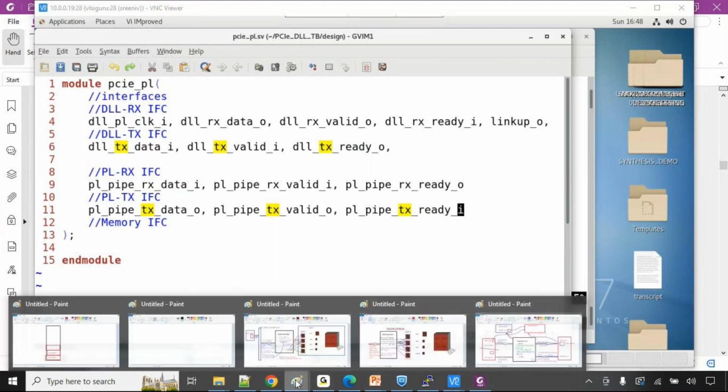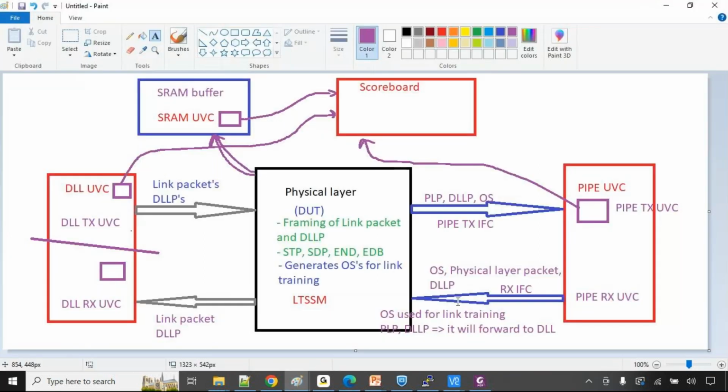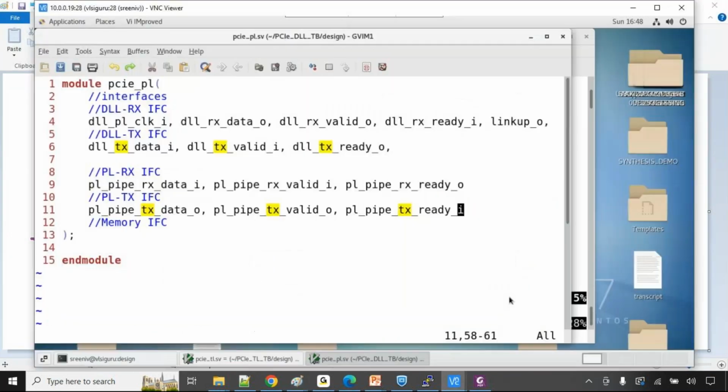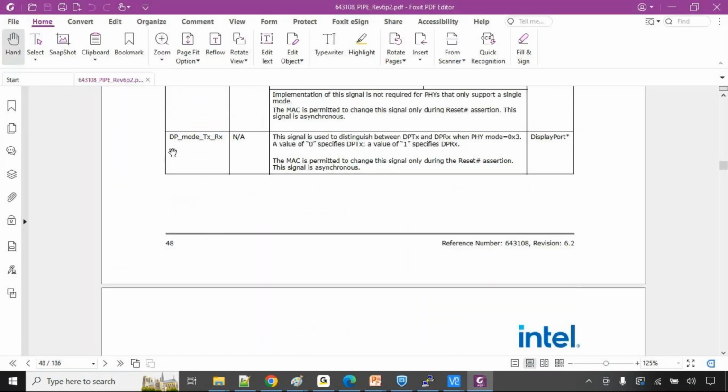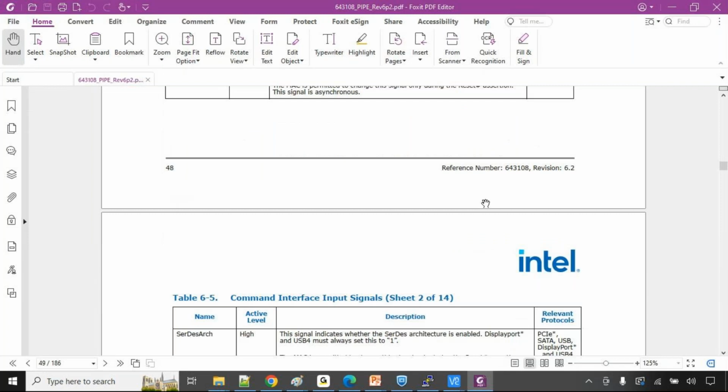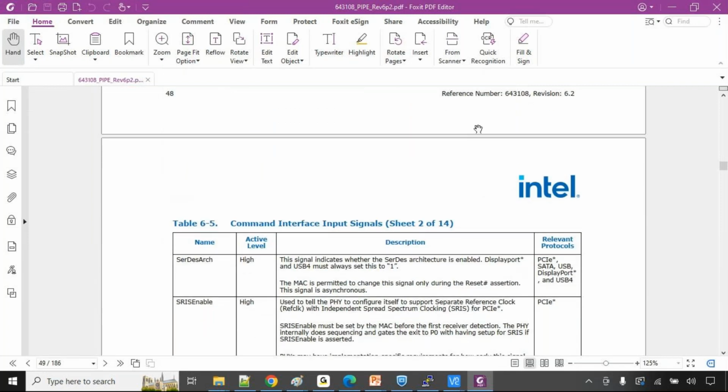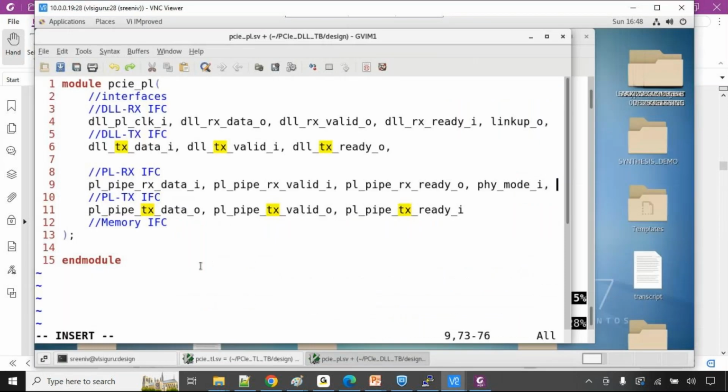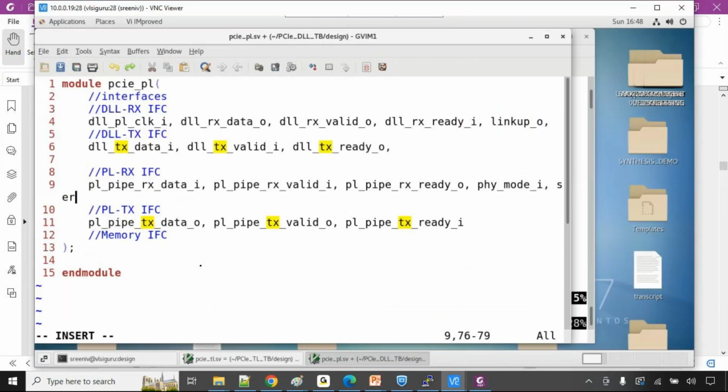If it is input, it will be part of the receive interface. So here you can say PHY mode, input. Then what else is there? This is related to DisplayPort only, meaning it's not specific to PCI Express. Then SerDes architecture. It's input.